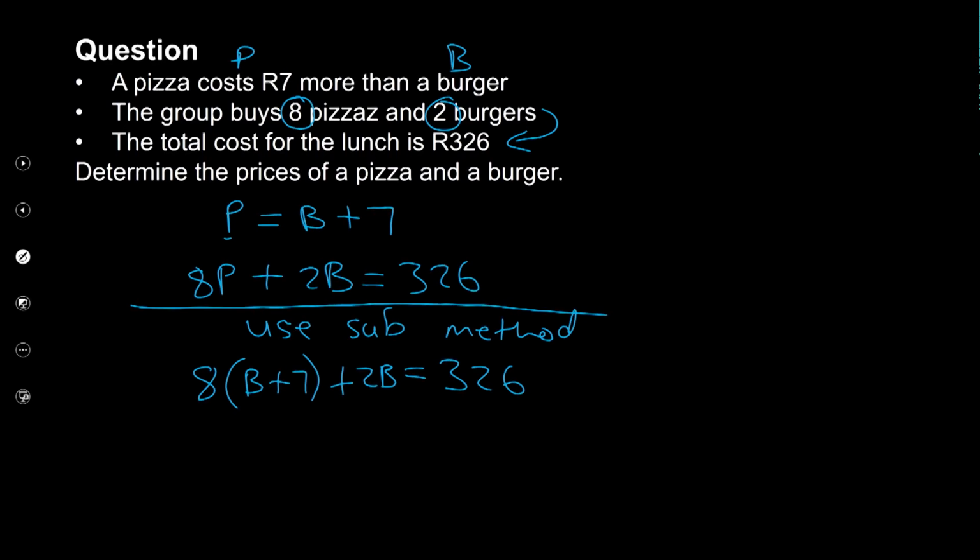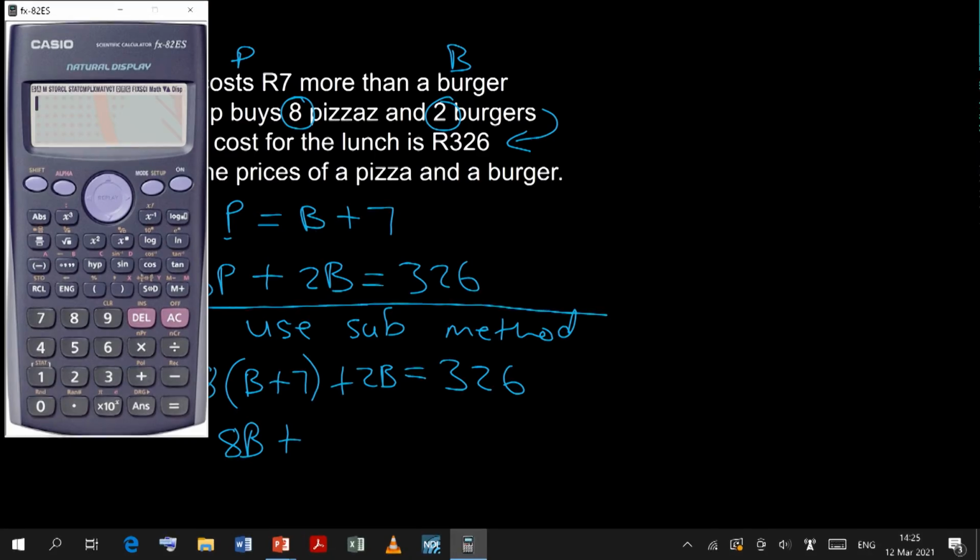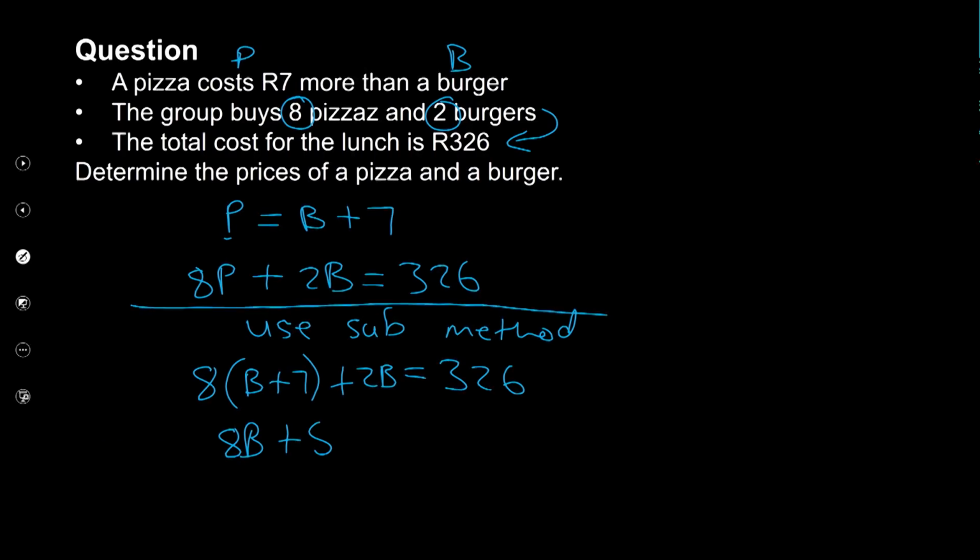So this will be 8B plus 8 multiplied by 7, which, let me quickly verify, 8 times 7 gives me 56, yes. So this will be 56, plus the 2B, is equal to 326.